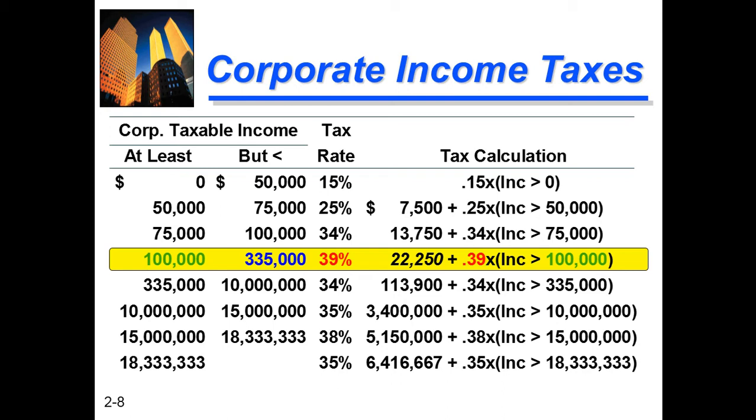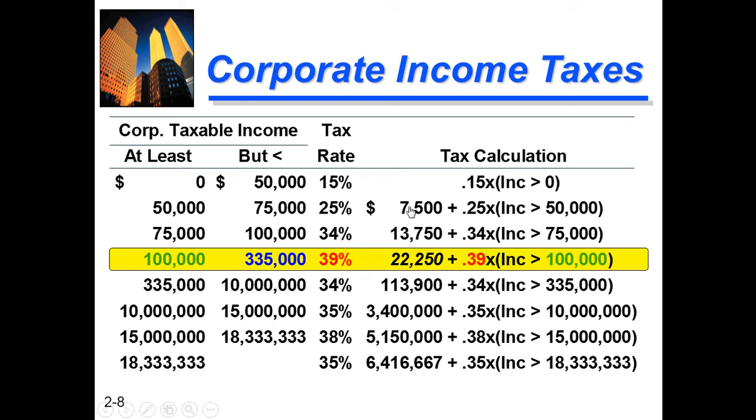If we look at this chart, this is a US-based chart. In the US, every organization earning a profit from 0 to 50,000 is going to pay 15% tax to the government. So if we apply 15% tax to the 50,000, it becomes 7,500 rupees.